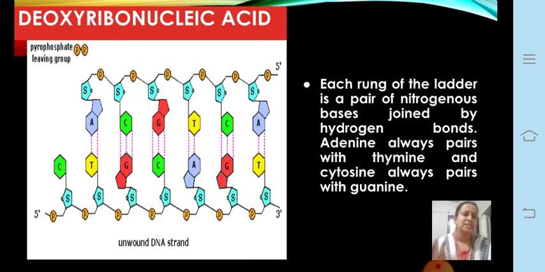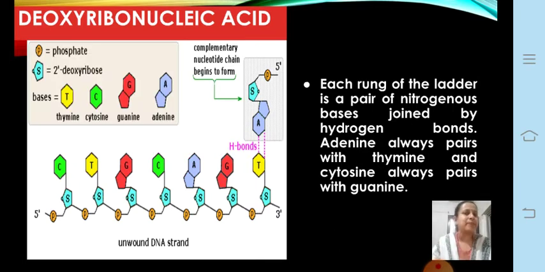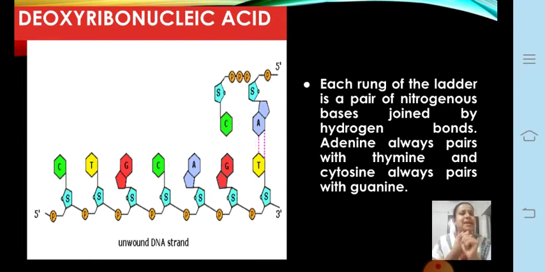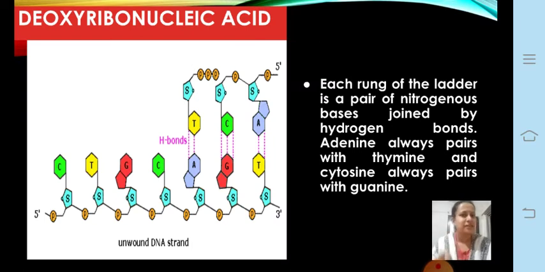Fine. So you just have to remember that adenine pairs with thymine and cytosine pairs with guanine. Right? And when they are joined to each other, they are joined by hydrogen bonds in between the two. This is regarding the pairing, how pairing takes place in the case of DNA.